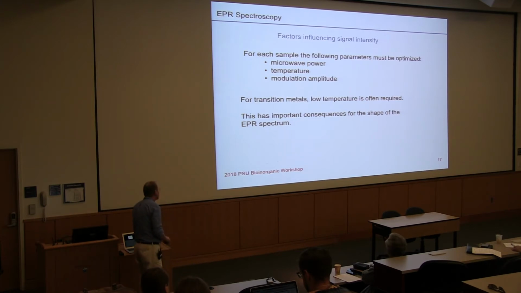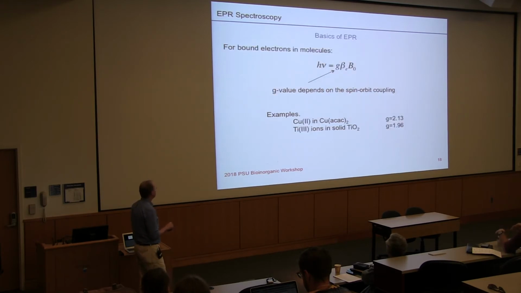And so what I'm going to do for most of the rest of the lecture then is show you how that behaves. So the first thing is that if we have an electron which is not a free electron, like I talked about at the introduction, but rather is bound in a molecule or on some atom in a molecule, then we have the same expression, but this G factor is shifted a little bit.